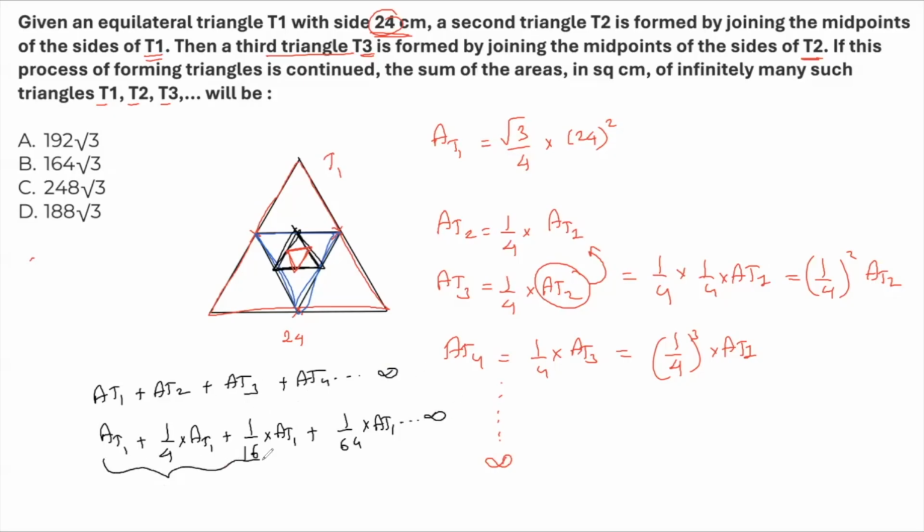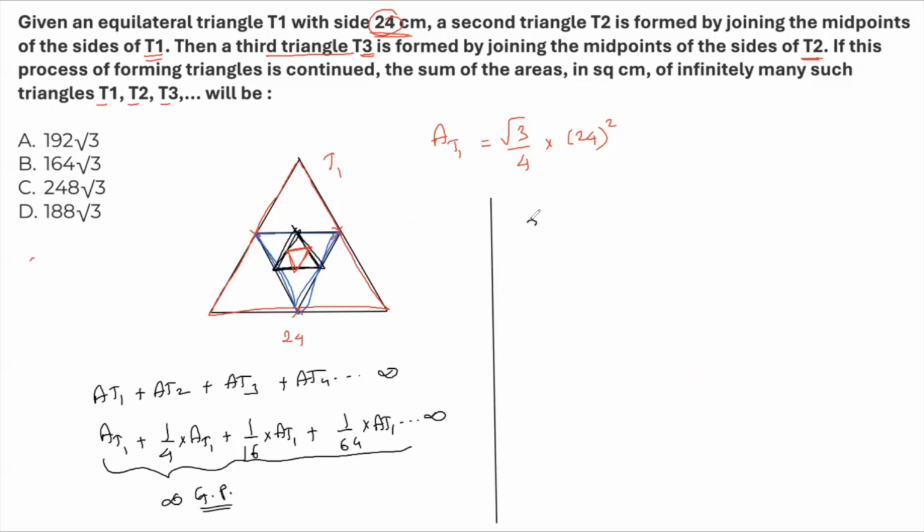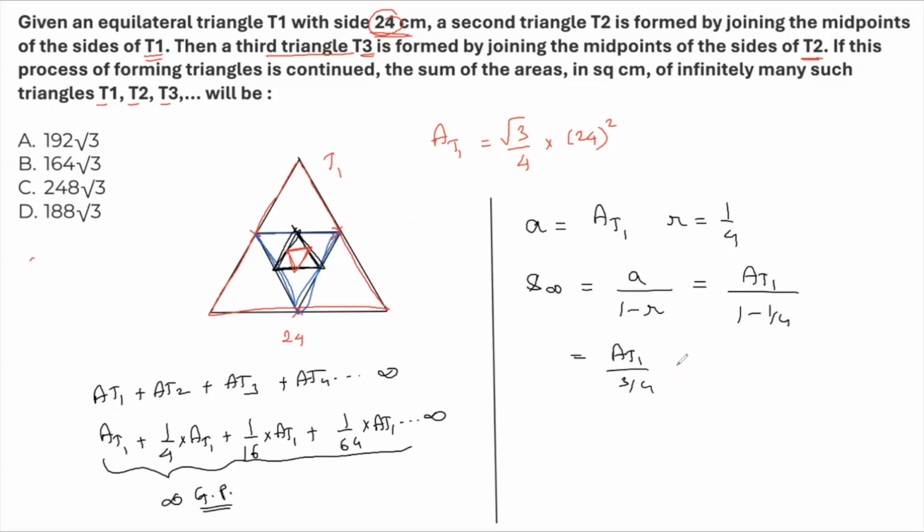You can notice that this sequence is an infinite geometric progression, an infinite GP, where the first term of the GP is area of triangle T1 and the common ratio is 1/4. So sum of all these terms is A upon 1 minus R, or area of triangle T1 upon 1 minus 1/4. This is area of triangle T1 upon 3/4, or 4/3 times area of triangle T1.